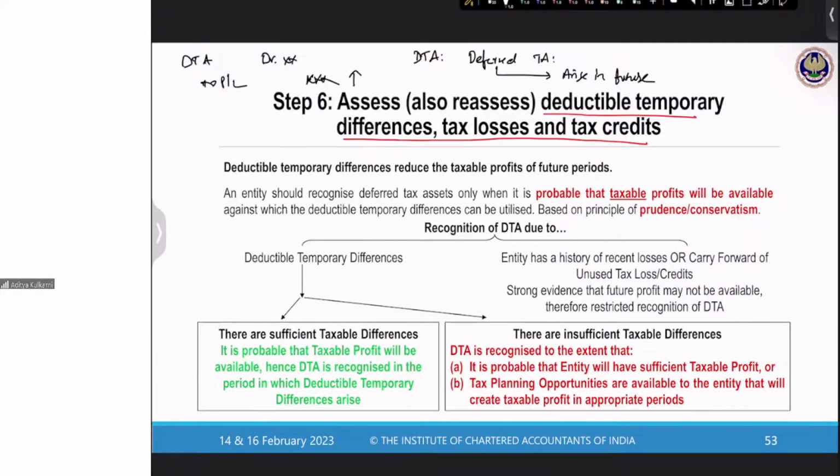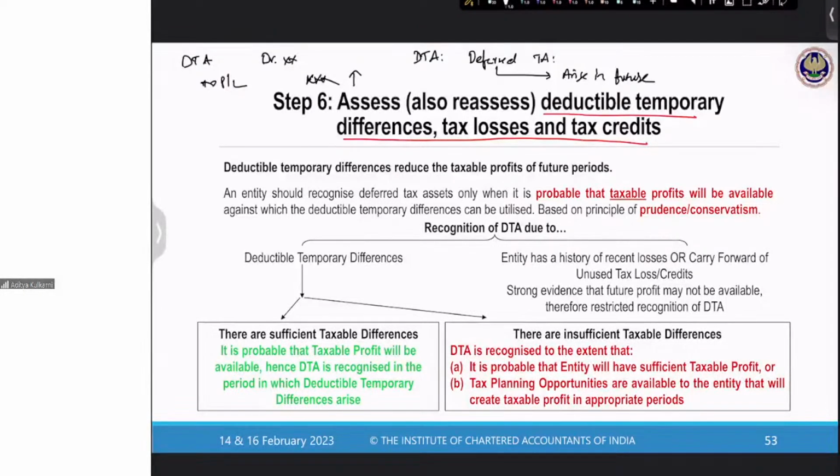So now coming back, what is the problem with deferred tax asset? This asset is arising in the future. So I need to be very sure that this asset is definitely going to arise in the future. How can I be sure when it is talking about the future?